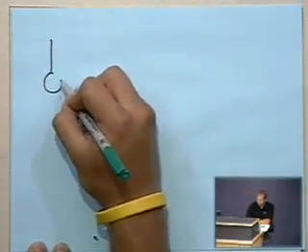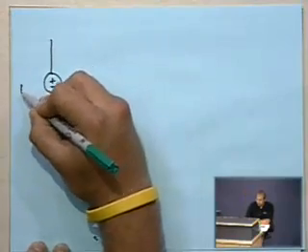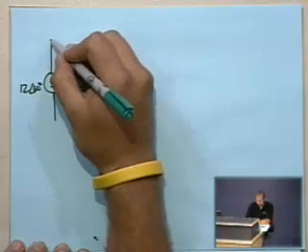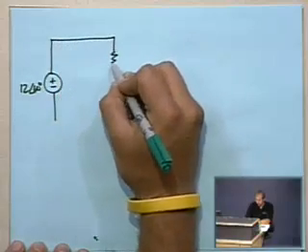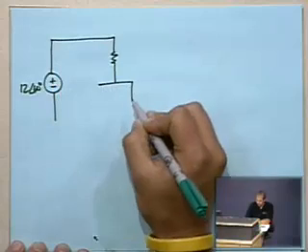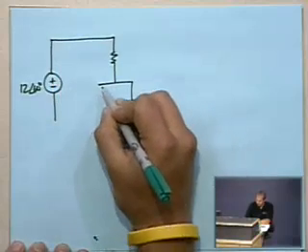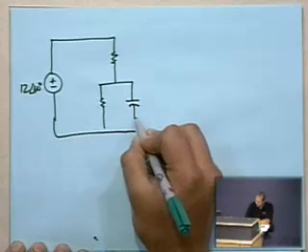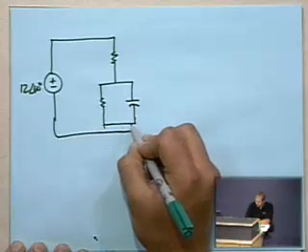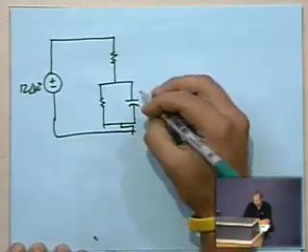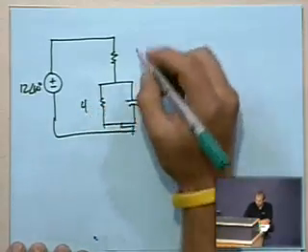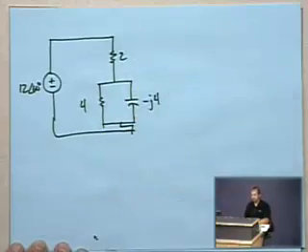Here's your voltage source: 12 at an angle of 60 degrees. Negative j4 ohm capacitor, 4 ohm resistor, 2 ohm resistor.